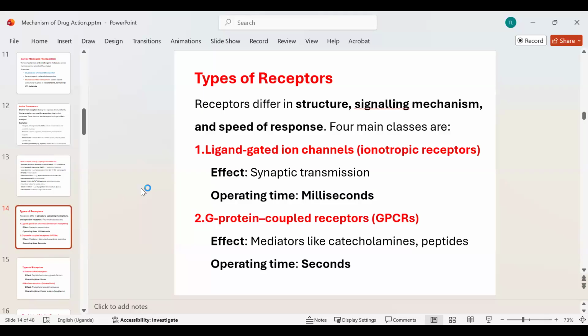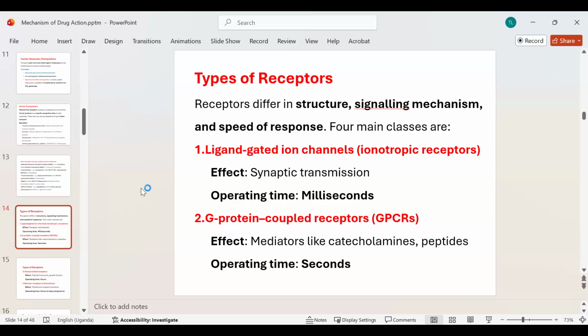They can be chloride ions, sodium ions, potassium ions, name it. And when they enter, of course, they make the membrane inside either more depolarized or hyperpolarized, depending on their function.